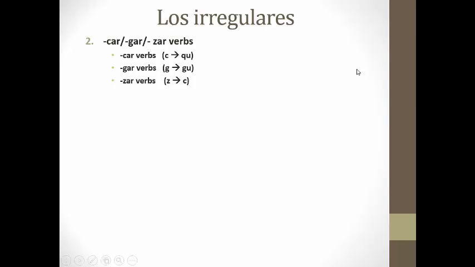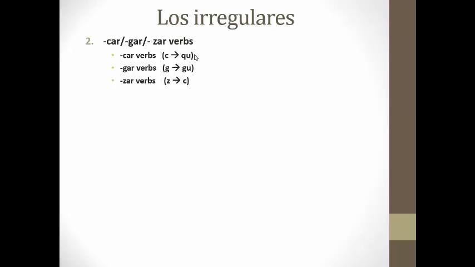We need to talk about other spelling changes that are going to occur. If you have verbs that end in car, gar, or zar, they're going to have spelling changes in order to preserve pronunciation. A verb that ends in car, the C is going to become QU, and that's everywhere in the whole entire conjugation.